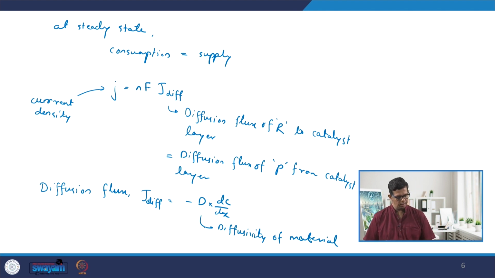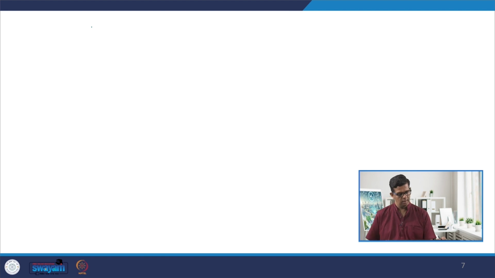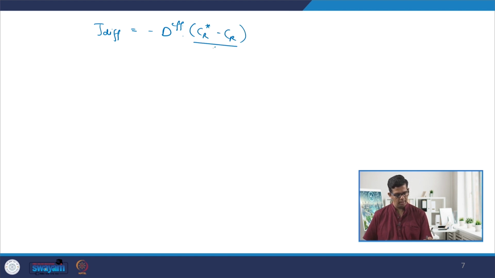So, that is determined by this diffusivity, and dC by dx is basically concentration gradient at that diffusion layer thickness. So, I can write this as D effective, and what is the concentration difference? It is Cr star minus Cr by delta.